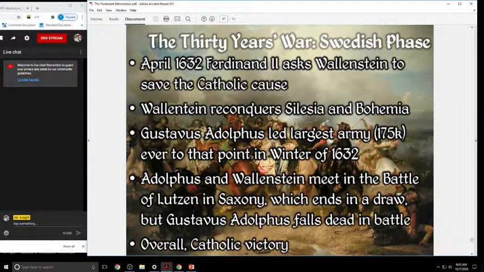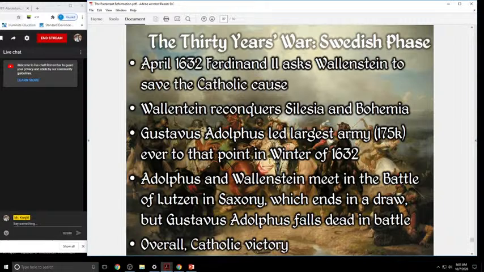And Gustavus Adolphus at this time was still making his way south, leading the largest army ever to that point, of 175,000 men, in the winter of 1632. This is one of the largest armies that Europe had ever seen before.